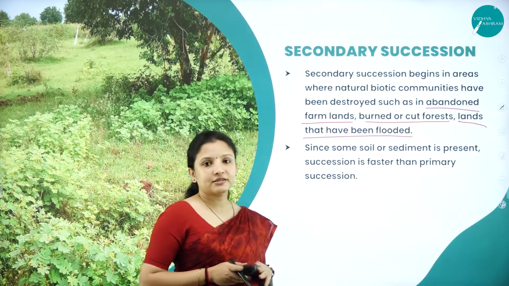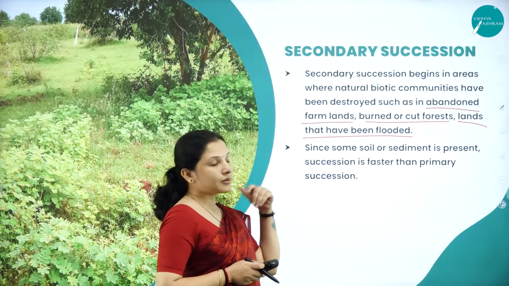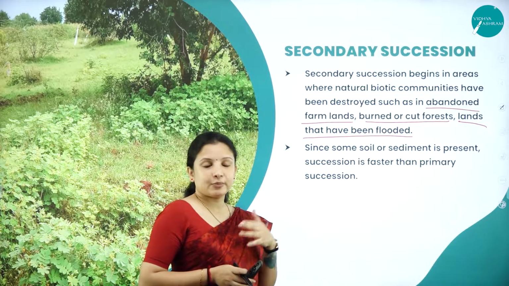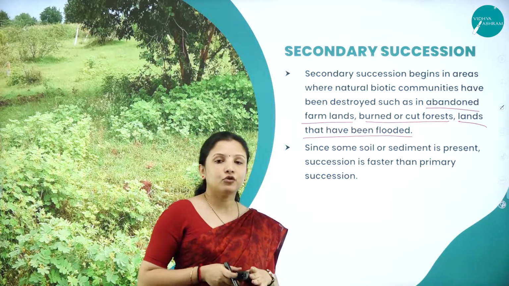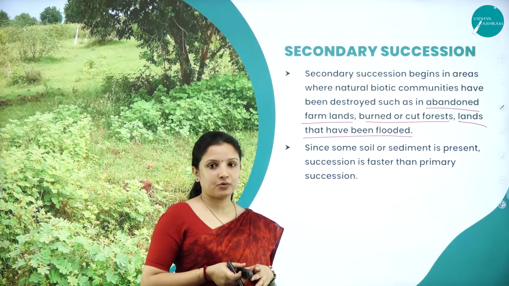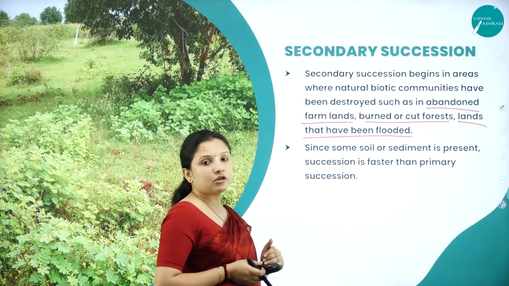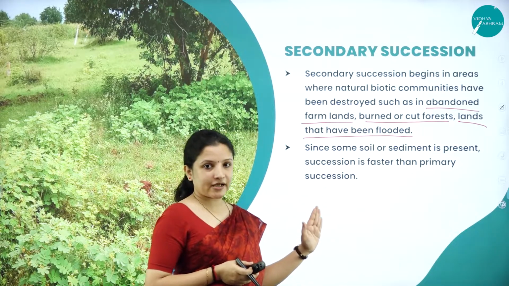Burned or cut forest means there also plants were there earlier, but because the forest got burnt or was cut by human beings, it became barren. Next, lands that have been flooded. Those lands also had plants earlier, but because they got flooded by heavy rains, the plants got completely destroyed.